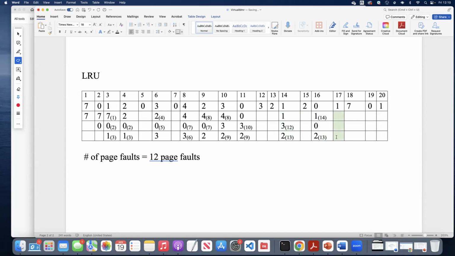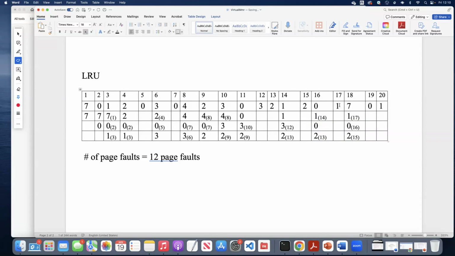Page 1 is in the memory. And then page 7, we have a page fault, and need page replacement. Page 1 is accessed at time 17, page 0 at time 16, and page 2 is accessed at time 15.